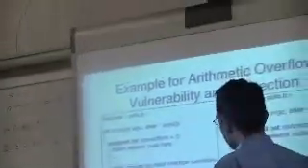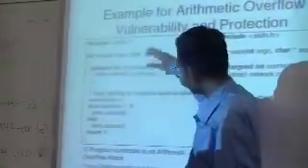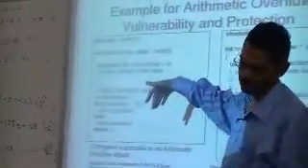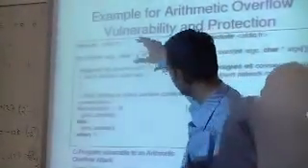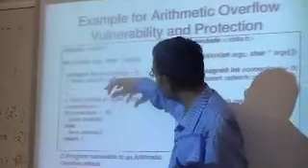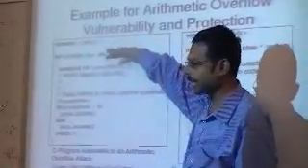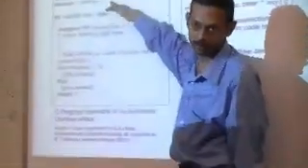Okay? So someone has a kind of network connection program. This is the kind of program that has this vulnerability, so we'll look at it and identify what it is. It looks like C code. The program keeps track of the number of connection requests coming to it. Okay?